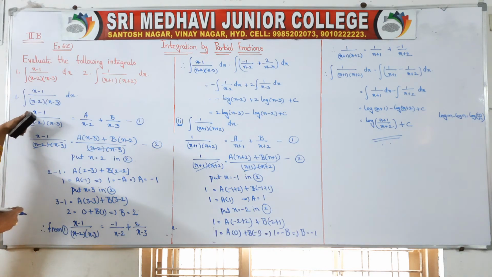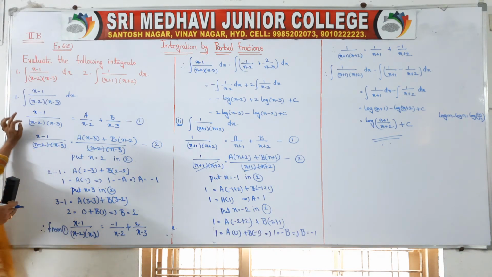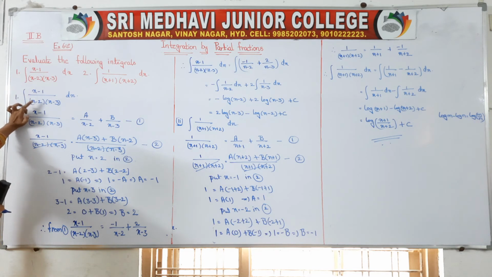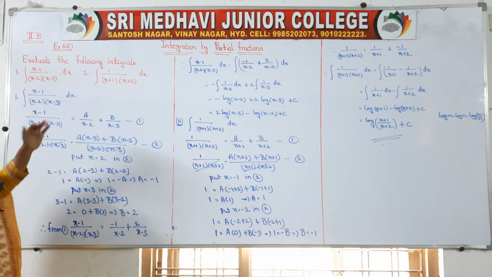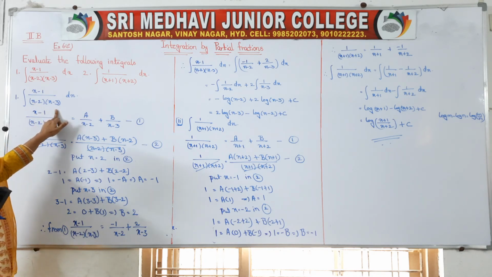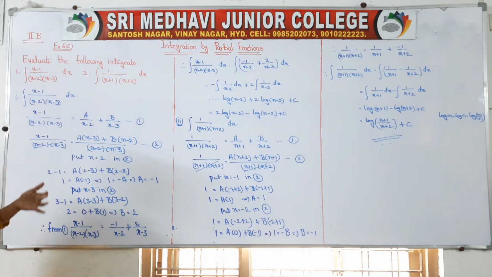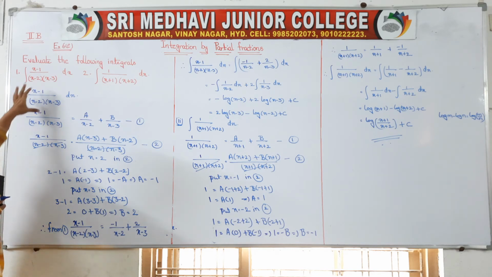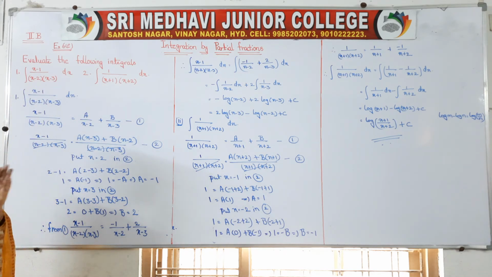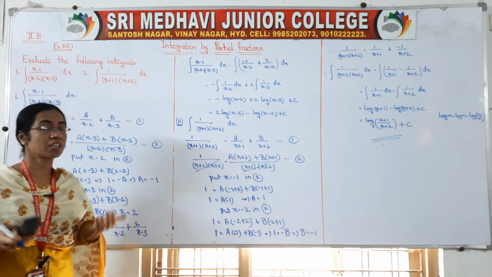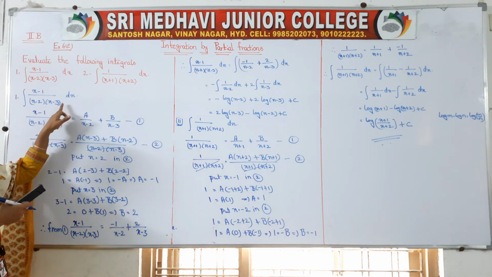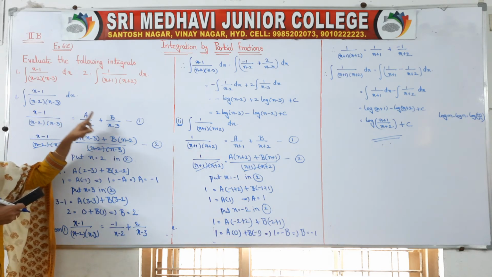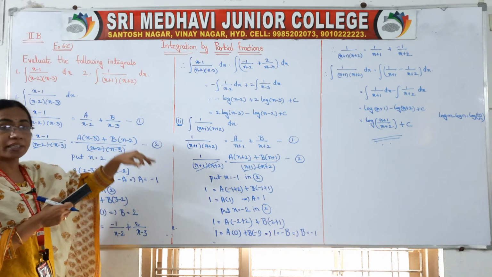So come on, first we are having this one, (x minus 1) by (x minus 2)(x minus 3). Downwards in the integral we are having linear factors, right? Then first we have to resolve the fraction into two partial fractions, for two linear factors. Suppose there are 3 linear factors, suppose here you are having into (x minus 4), then here I will take plus C by x minus 4.